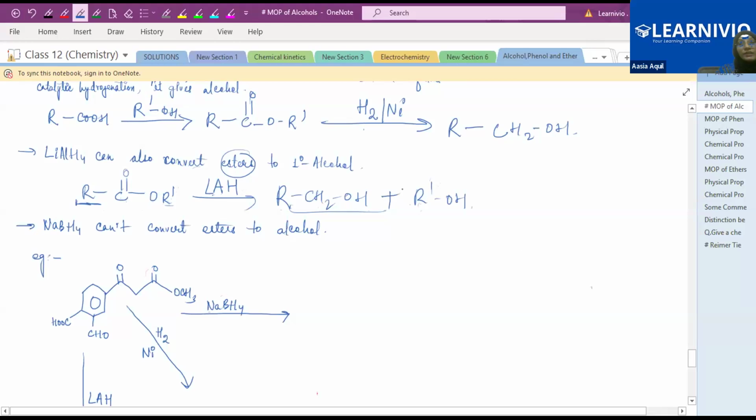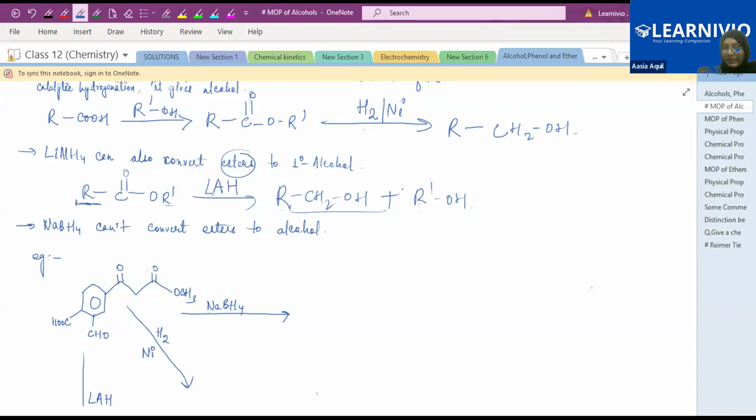So you will need further purification to achieve the alcohol that you want to prepare. The main point is to understand that lithium aluminum hydride has the tendency to convert esters to a primary alcohol.